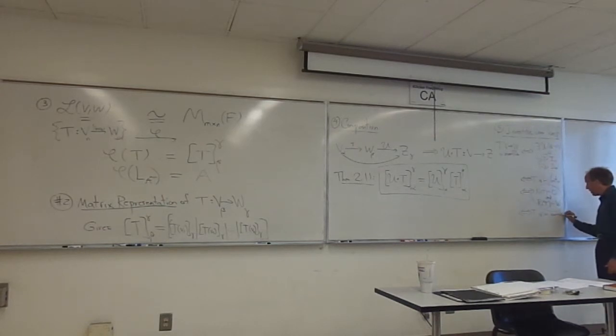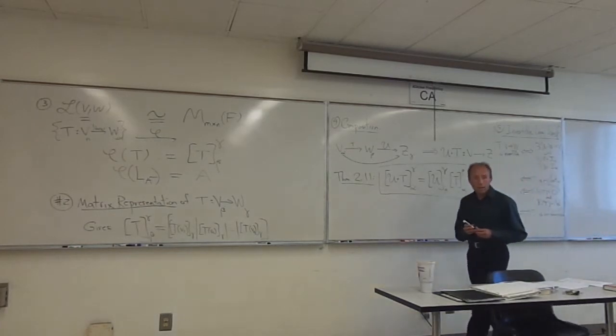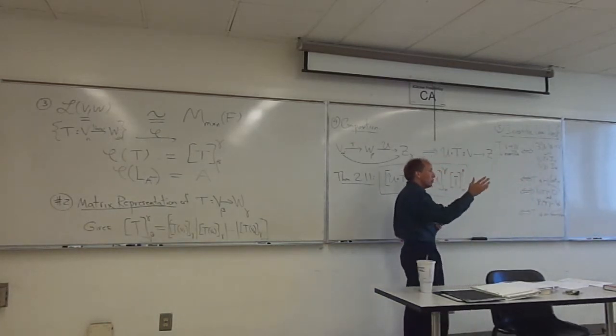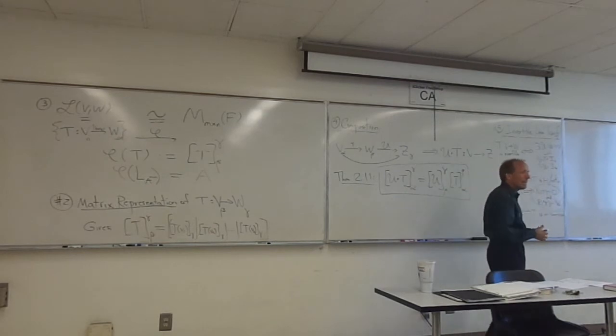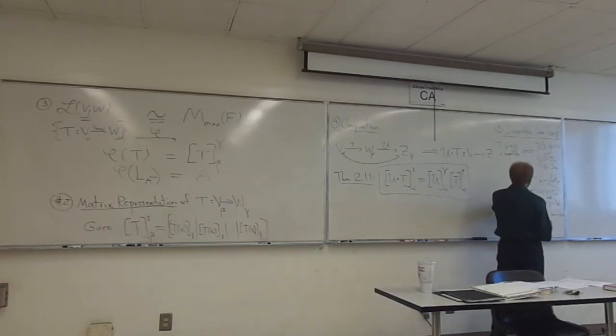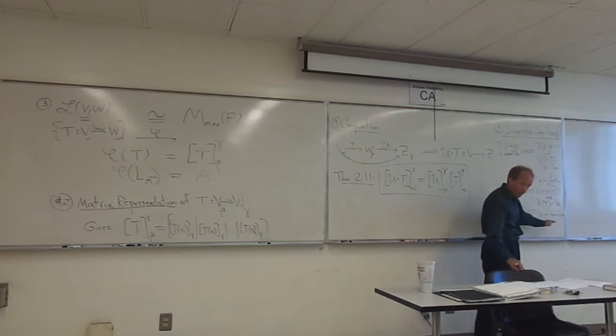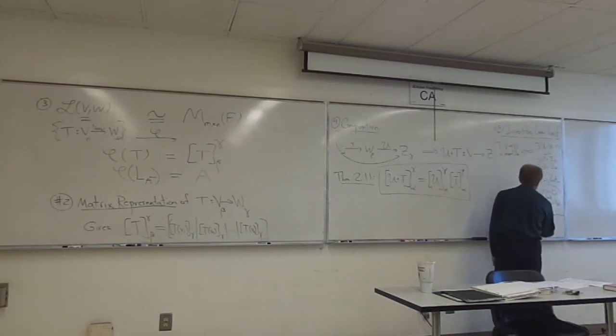So I think when you look at the sample test, you'll see some examples. I write down a proposed T from V to W, and I say, is it an isomorphism, right? Now, all I really mean is, is it invertible, okay? Now, notice on this last step, I'm only doing a forward arrow. But in order to have an isomorphism, what do you know about the dimensions of the two spaces V and W? Exactly.